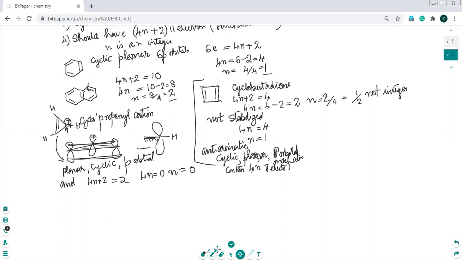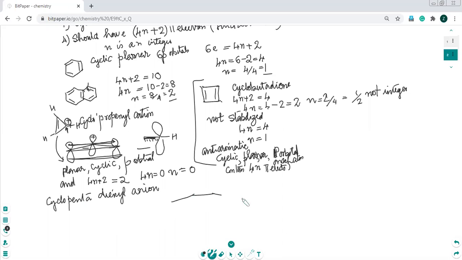Then you have cyclopentadienyl anion. Now cyclopentadienyl. So you have to draw a cyclopentane ring.